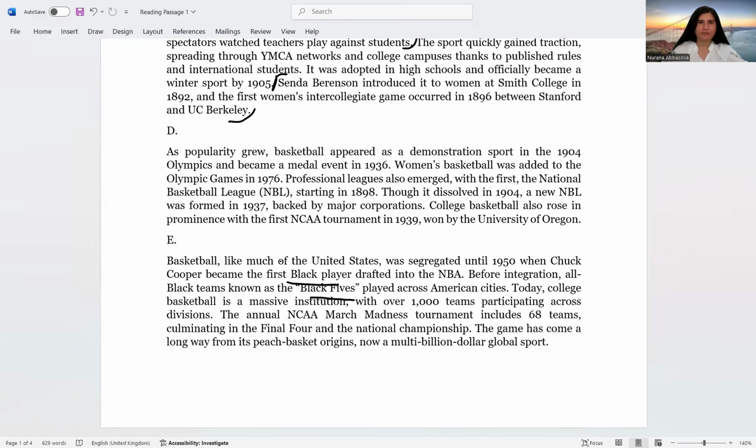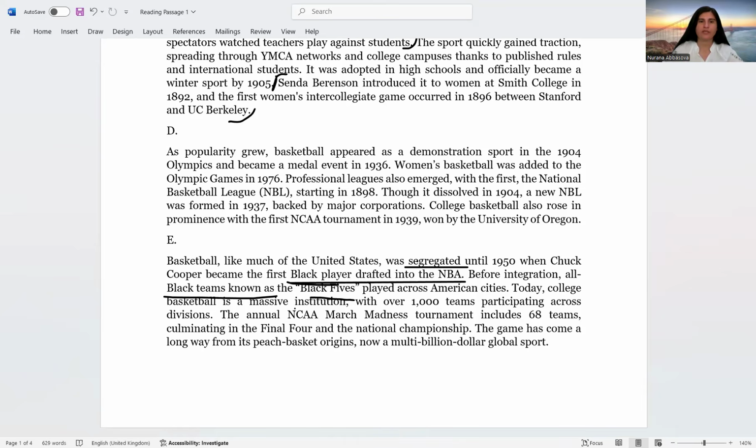Basketball, like much of the United States, was segregated until 1950, so blacks played separately, when Chuck Cooper became the first black player drafted into the NBA. Before integration, all black teams, known as the Black Fives, played across American cities.